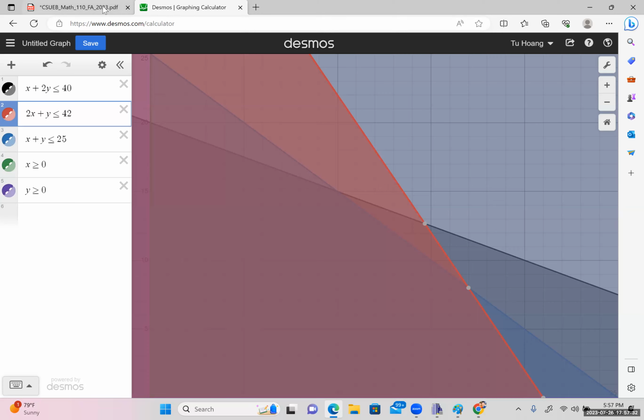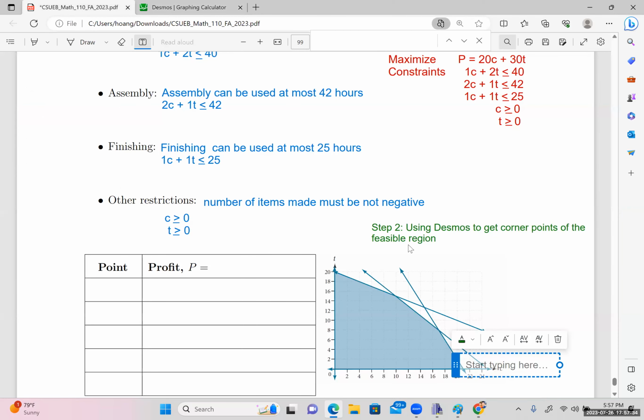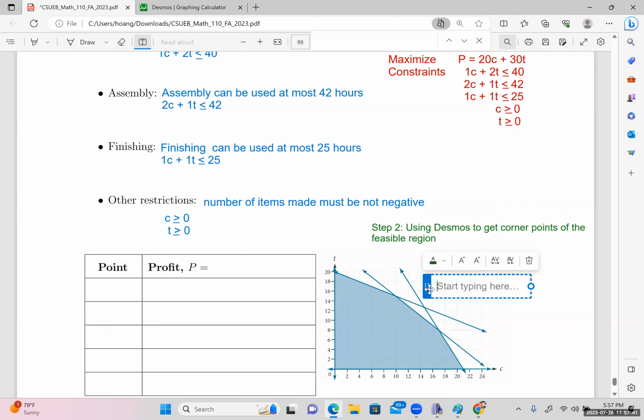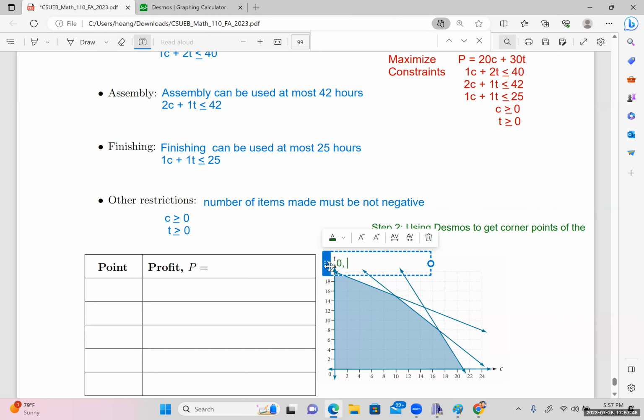So according to the decimals, the first corner over here is 0, 20. Make it red. The second one here will be 10, 15. This one will be, what is that?